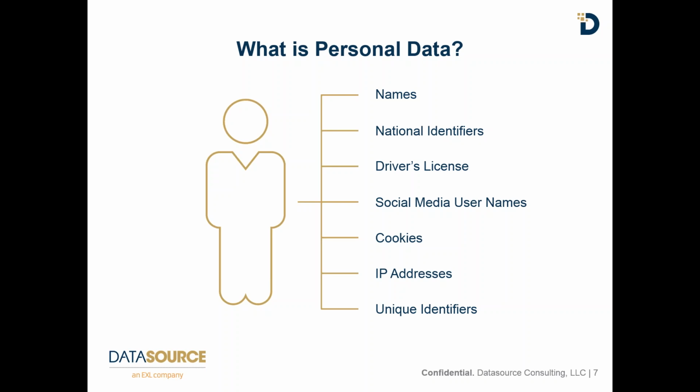However, in recent years, this list has grown to include social media usernames, cookies, IP addresses, and a whole deluge of additional information that can uniquely and accurately identify or locate an individual. As a result, it's critical for organizations to understand their data landscape and to be able to identify and classify their data, its location, and its distribution in order to comply with the GDPR.